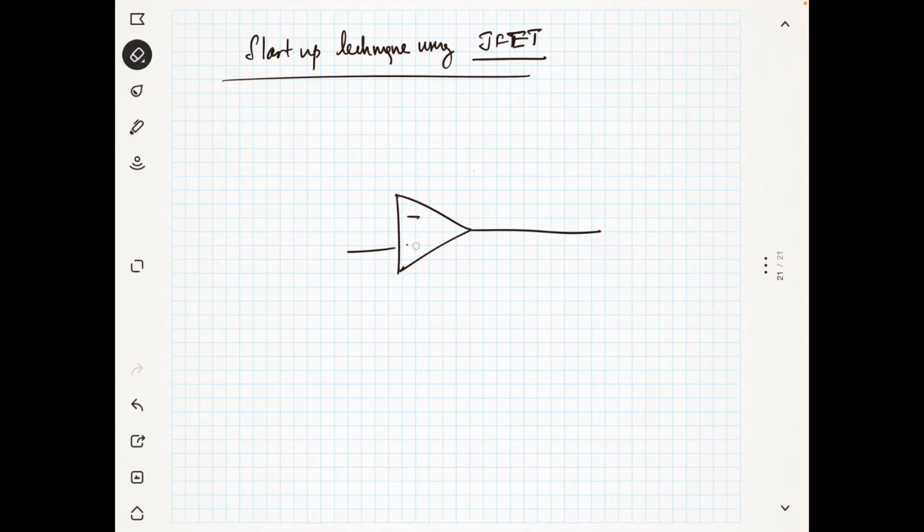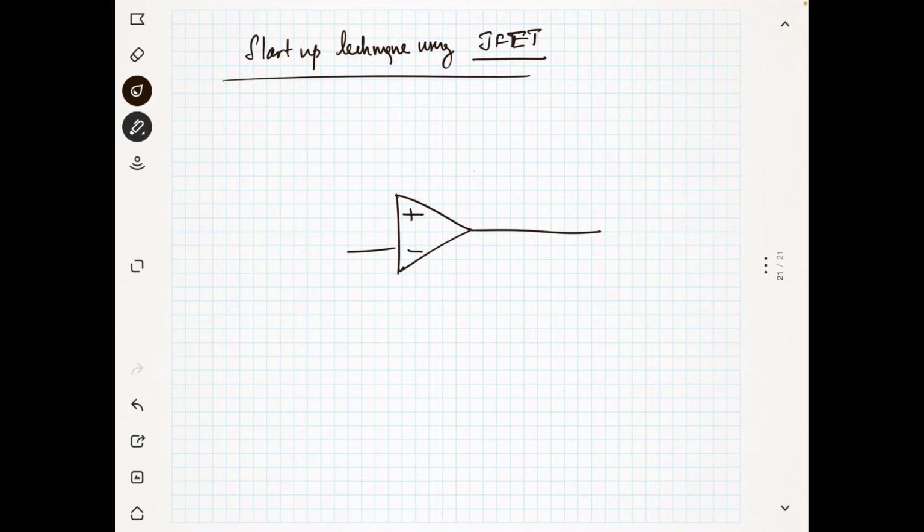So I am going to draw the amplifier in a different way. I have a positive and a negative, okay, positive and a negative. Now this is positive and another one is negative. So I need an RC network.